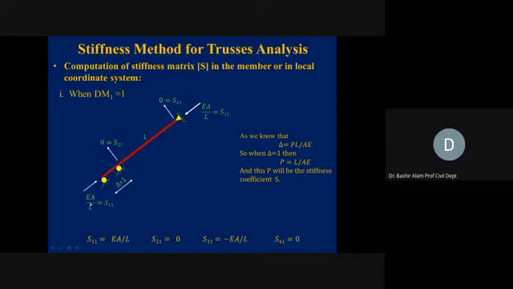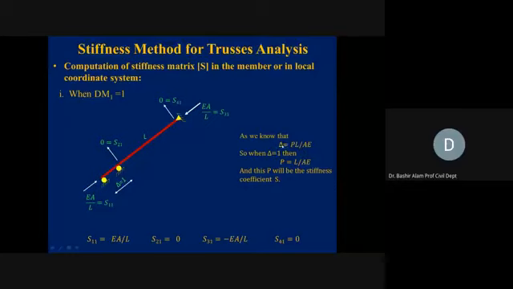Now, how do we find its magnitude, how much action is required to produce this unit displacement? It's a well-established equation: delta is equal to PL divided by AE. This is how displacement is related when an axial force is applied to an element. But now delta is equal to 1.